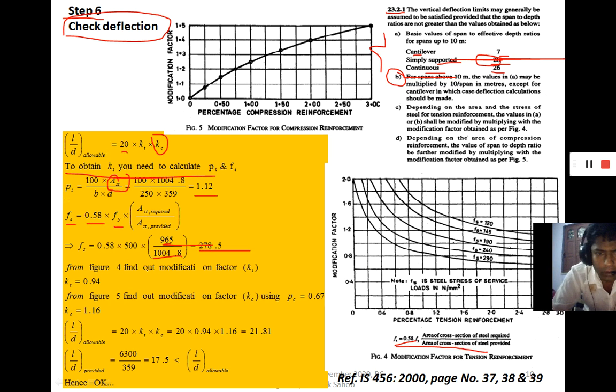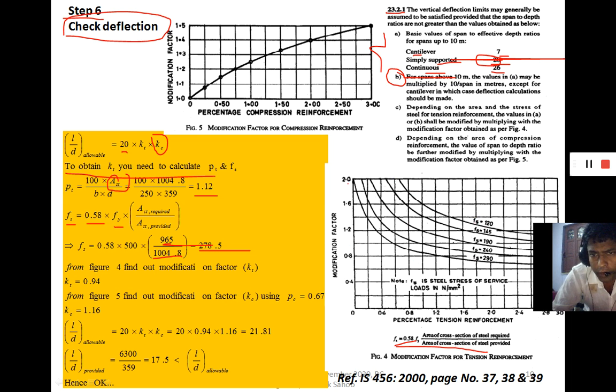Now in figure 4, for different steel stress fs, different parabolic curves are drawn. This one is for fs 120, the minimum stress value is 120 and maximum is 290.